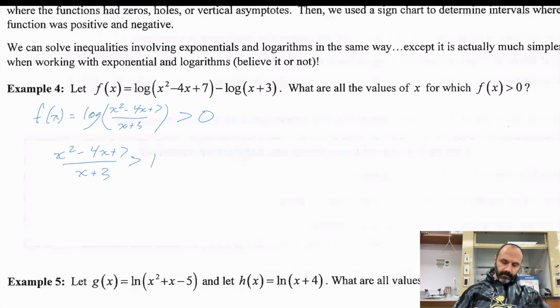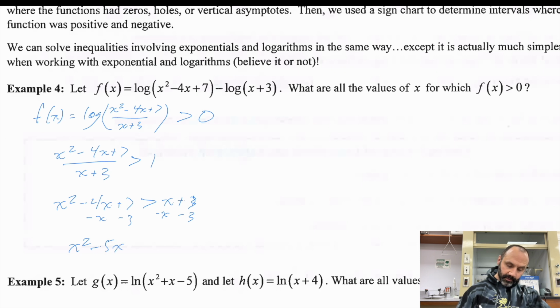So let's solve this. Basically solve for the values of x that we're dealing with here. So I've got x squared minus 4x plus 7 is greater than x plus 3. So I multiply both sides by x plus 3. Now I subtract x, subtract 3 from both sides. And I get x squared minus 5x plus 4 is greater than 0.